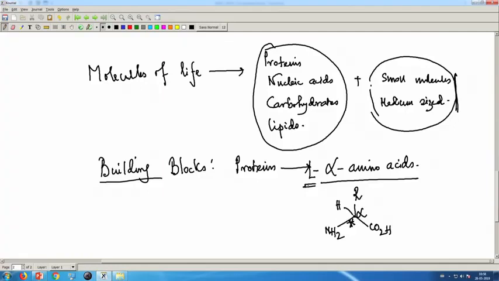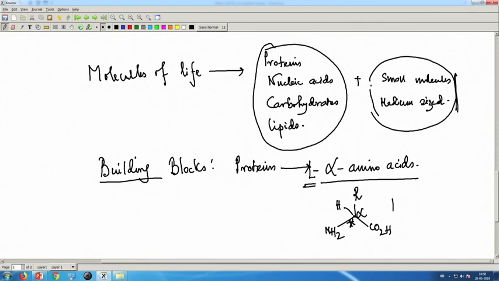Now, you possibly know that the number of alpha amino acids present in proteins is 20. Now, except glycine, where R is equal to H, that is glycine.